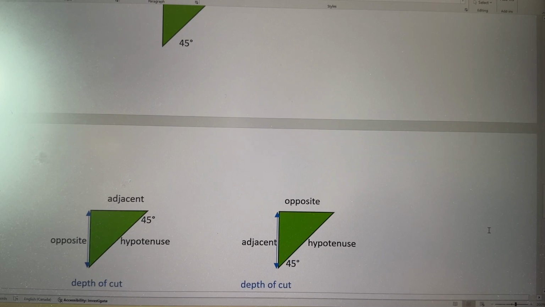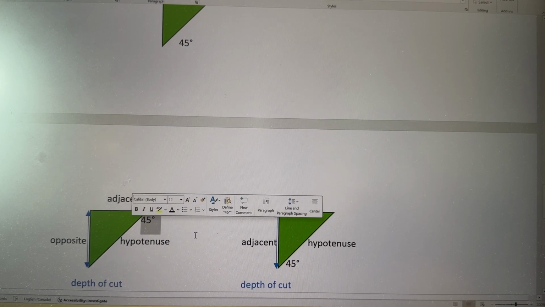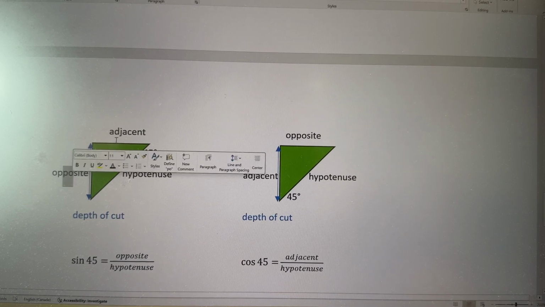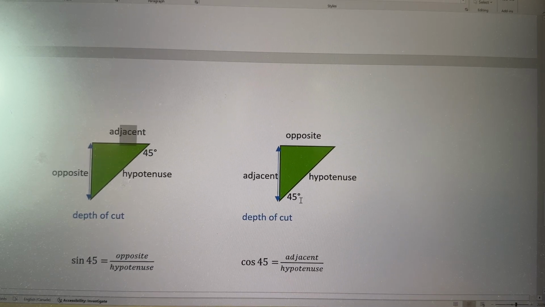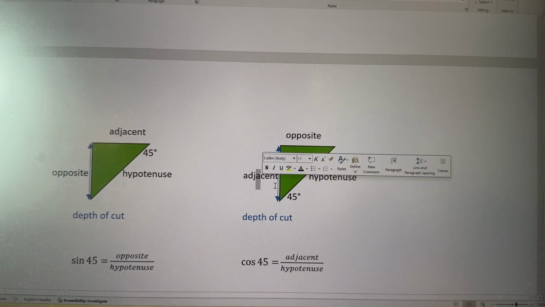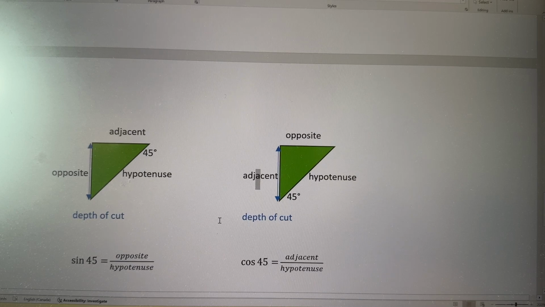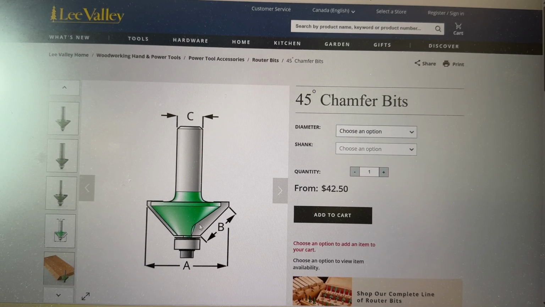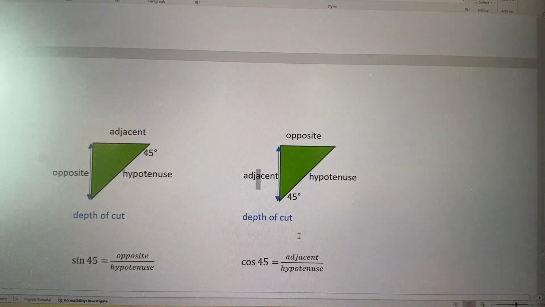There. So the depth of cut again is this blue double-headed arrow, and depending on which 45-degree corner you pick as your reference, this side can be opposite or this side can be adjacent, or if this is your reference angle, then this is the opposite and that's the adjacent. I hope you're not dyslexic. Either which way, depth of cut is the same blue arrow, because that's how the router bit is oriented in this original picture.